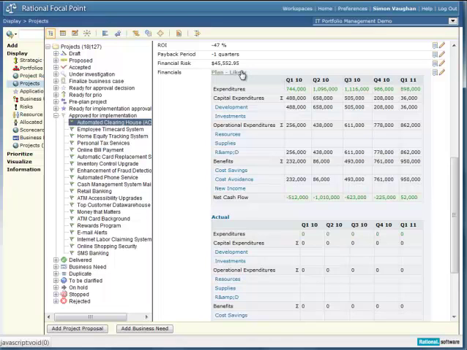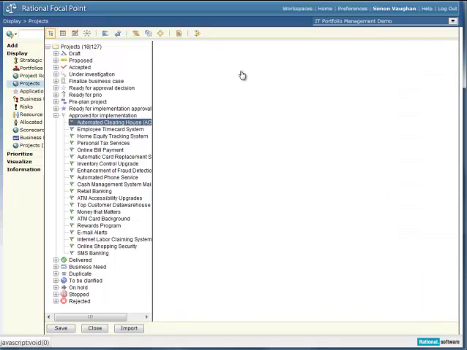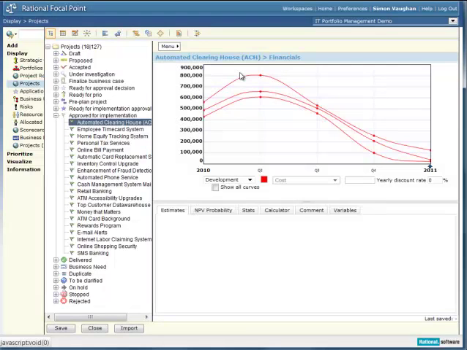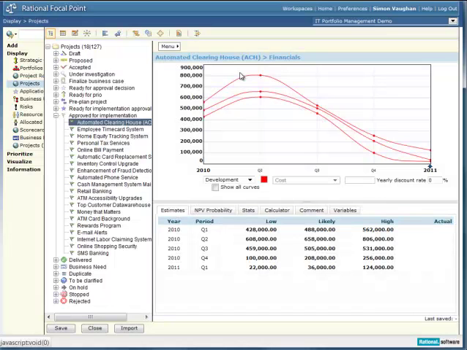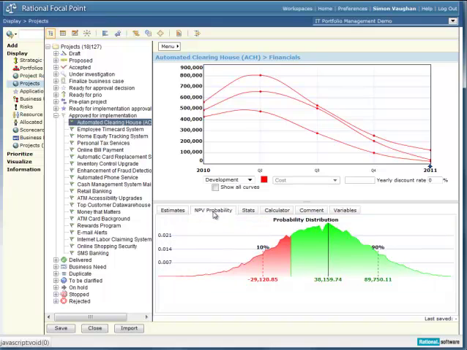And there's an ability within Focal Point to help measure some of that uncertainty, and we do that by looking at the potential worst case and best case scenarios for each of the cost and benefit streams. And there's a Monte Carlo simulation that takes those inputs and helps us work out the 10, 50 and 90% confidence values around achieving the measures from the business case.